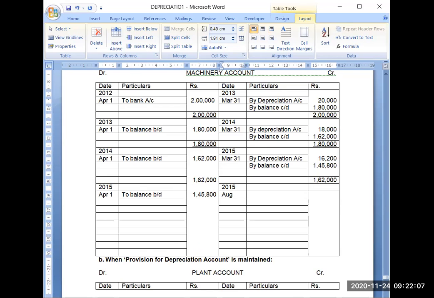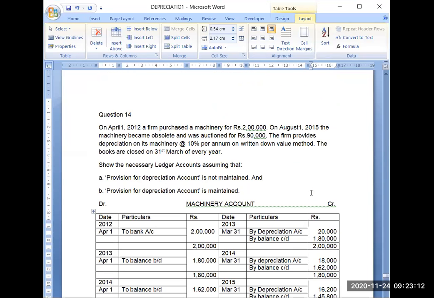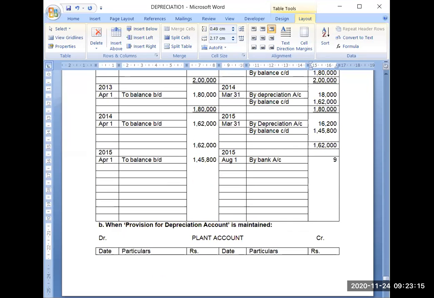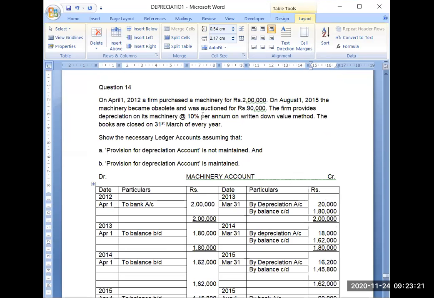August 1 by bank account, so we have sold out this for 90,000. Auction means also a sale, so don't get confused with this word.